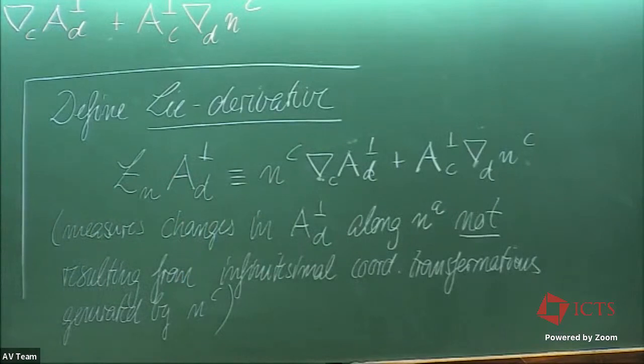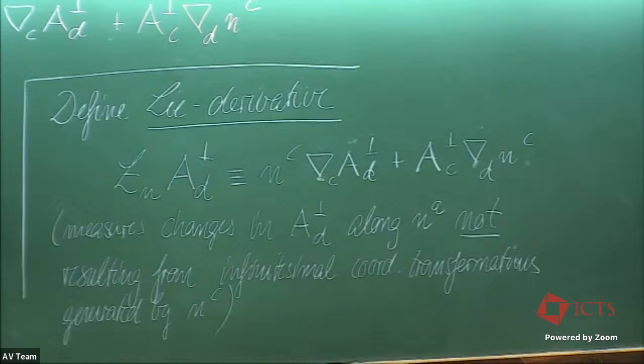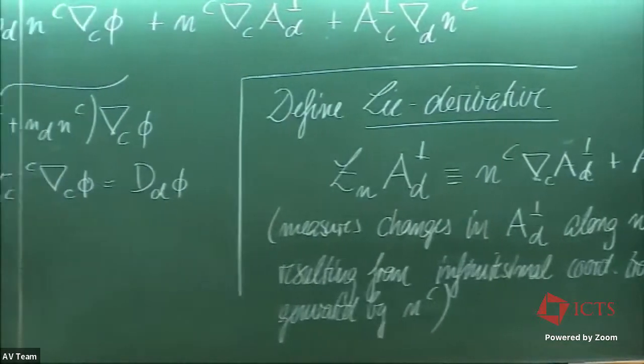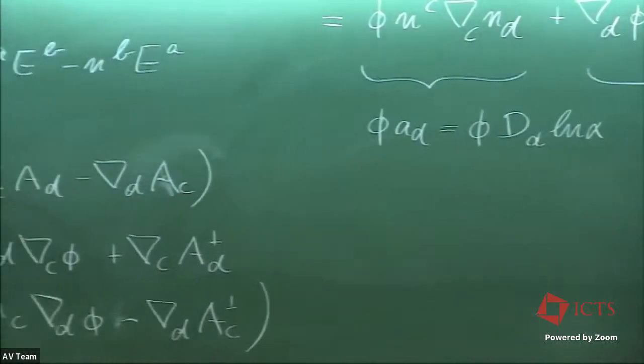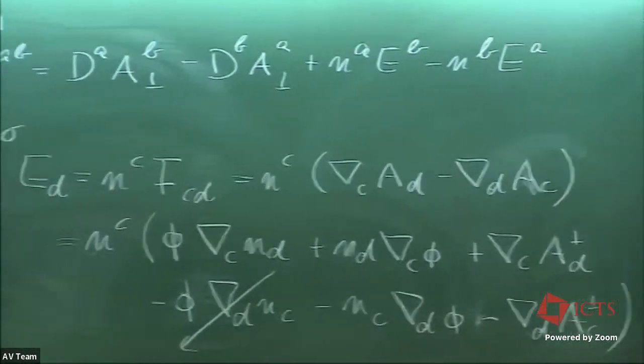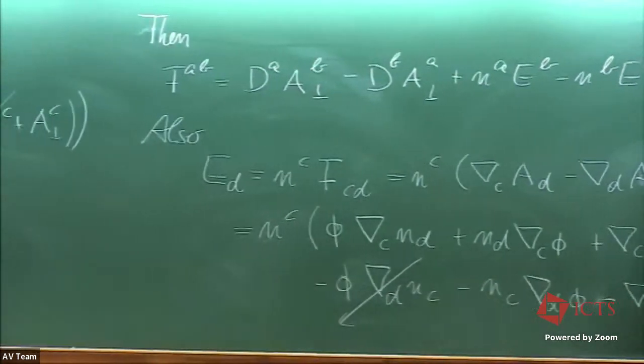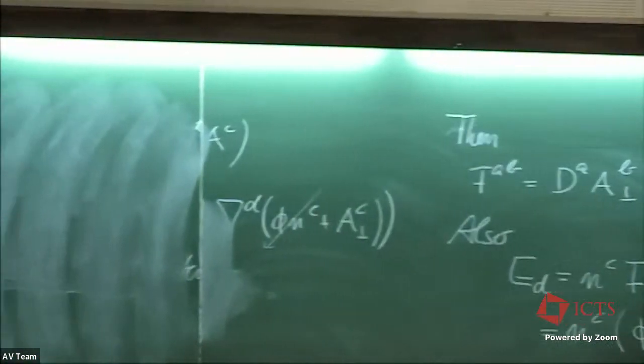Now, let me also remind you that yesterday we introduced the shift vector and the normal vector, and we saw that we can combine those two to get the time vector t^A as alpha n^A plus beta^A.